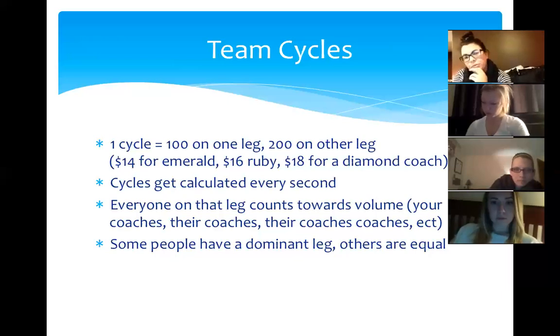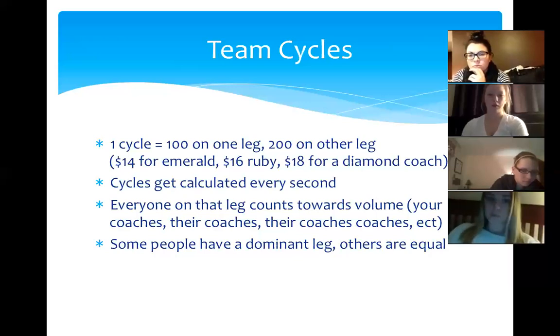So that's going to be $14 for an Emerald Coach, $16 for a Ruby, and $18 for a Diamond. That's one of the number one reasons you want to get to Diamond as quickly as possible, so you've got the highest cycle amount. Emerald versus Diamond, why wouldn't you want to make $4 more on your cycle? Your cycles actually get calculated every single second.